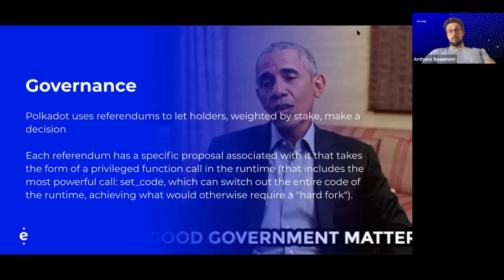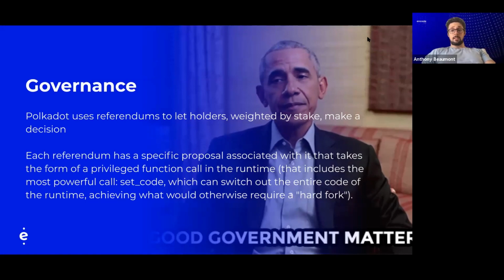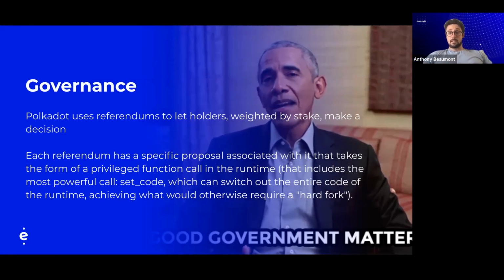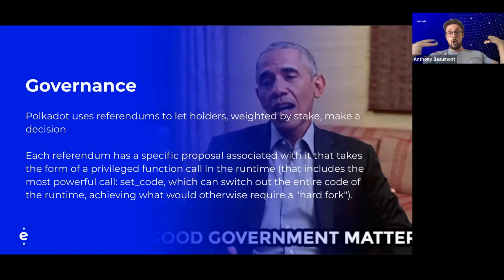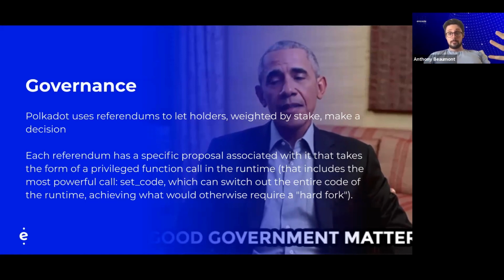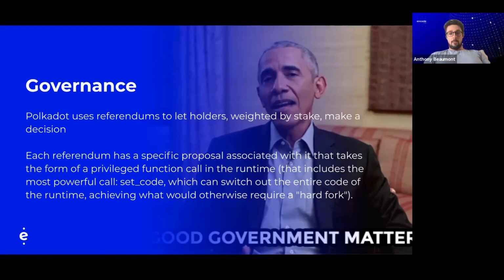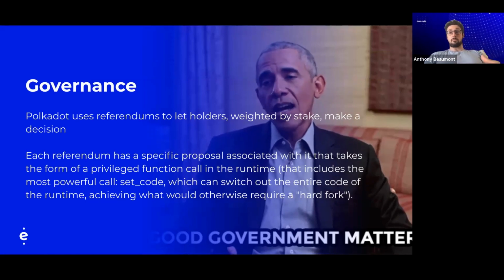So Polkadot uses referendums to do its governance. This is usually weighted by the stake, the number of votes you have to make a decision. Each referendum has a specific proposal associated with it, which takes the form of a privileged function call, including, this is cool, you can upgrade the code through the powerful call, which is called setcode, which means that you can change the entire code without having to do a hard fork, which is basically to copy and paste the code and start again.